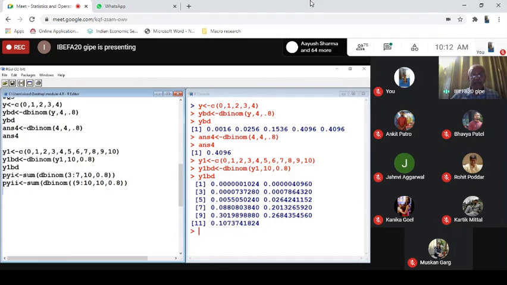And X less than 9: sum of D binom, 0 to 7, because less than 9, so 8.